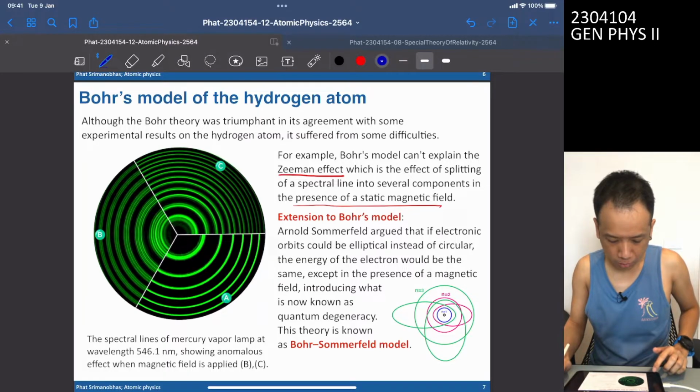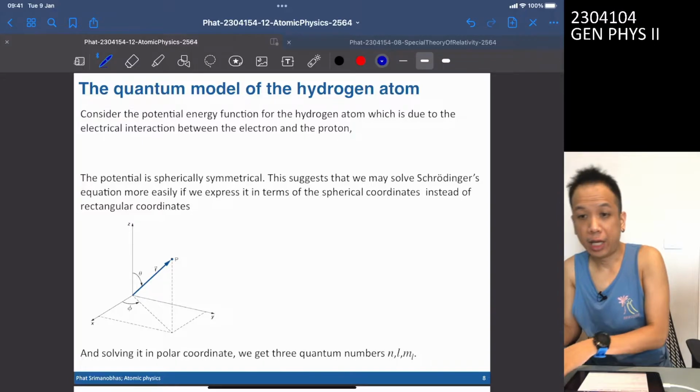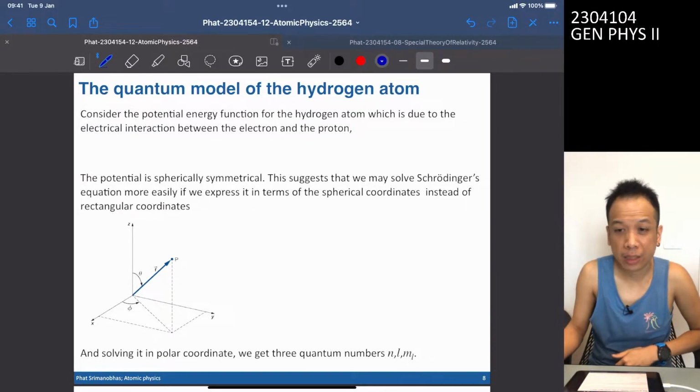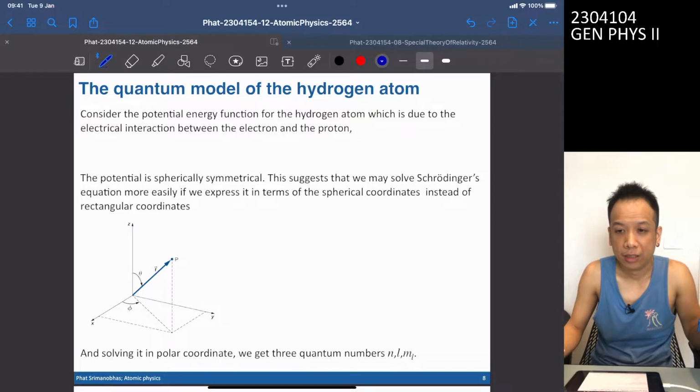So we move to the quantum model of the hydrogen atom. From what we learned in quantum mechanics, we talked about the Schrödinger equation, right? We have the wave equation, and we use the wave form to describe the particles.